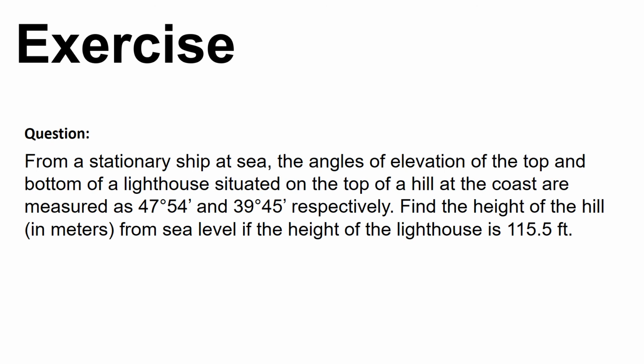Find the height of the hill in meters from sea level if the height of the lighthouse is 115.5 feet. So take a shot of that problem and write it in your notes.